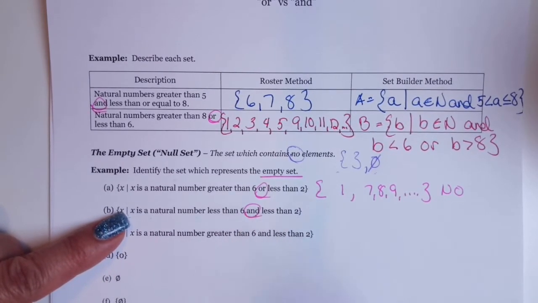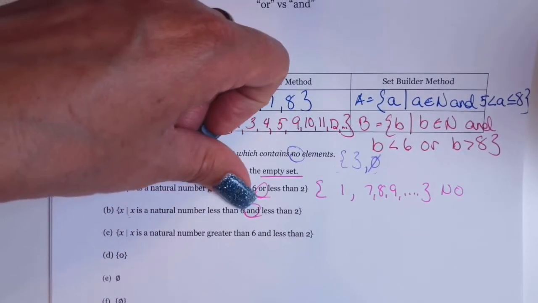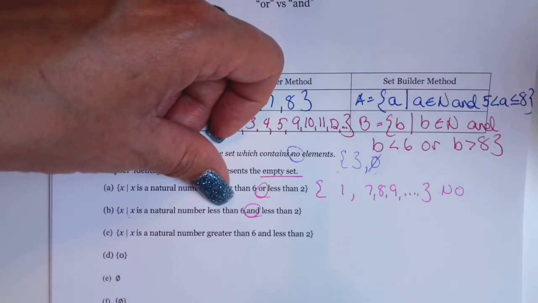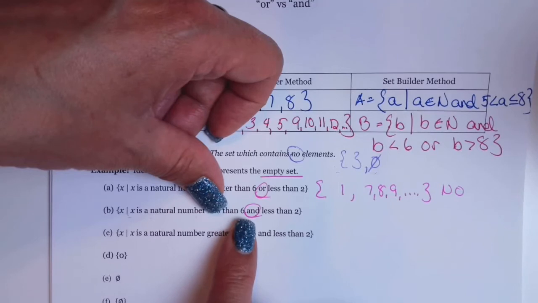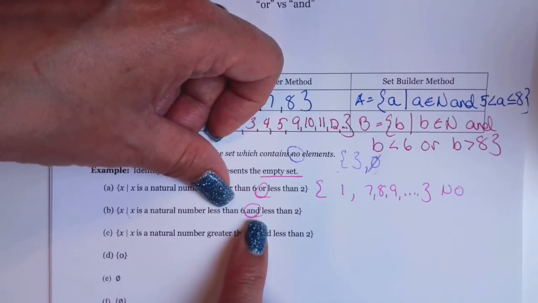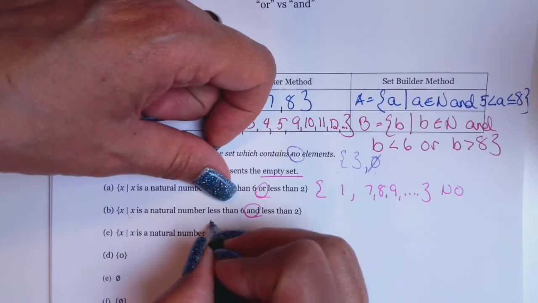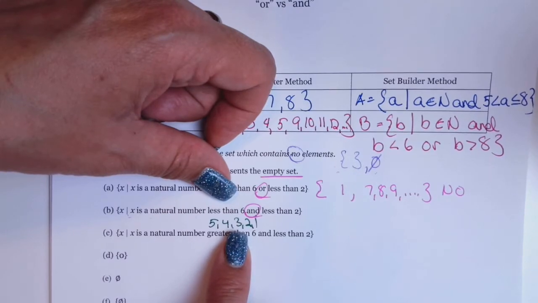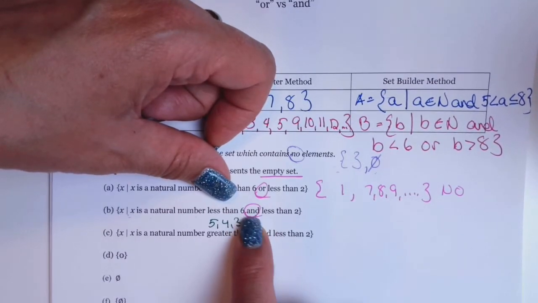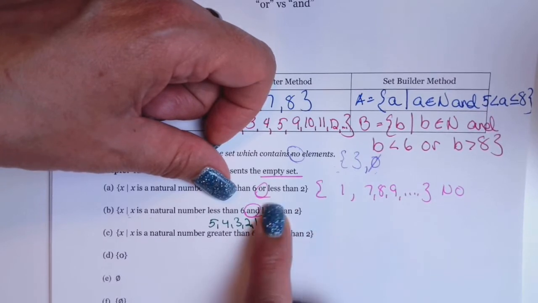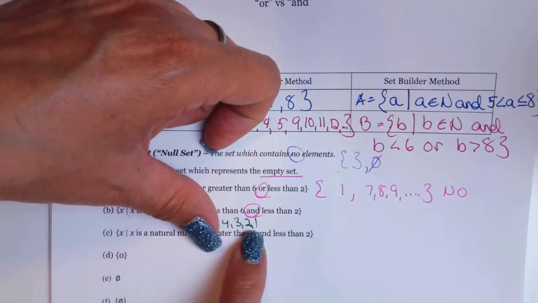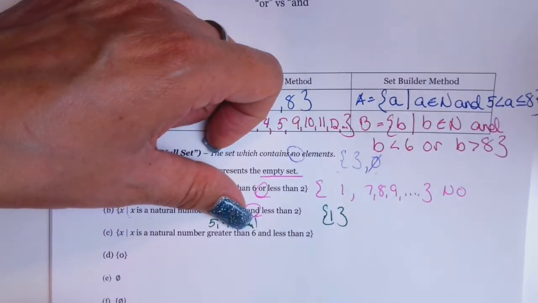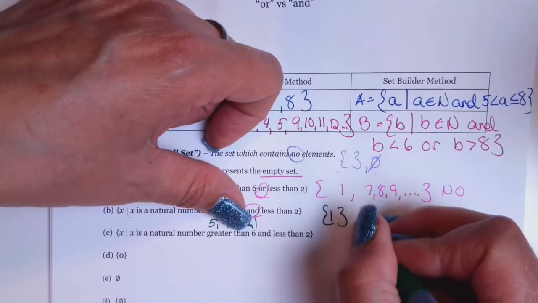The numbers 5, 4, 3, 2, and 1 are all less than 6. We could write them here, 5, 4, 3, 2, and 1. But we have an and, meaning it has to include less than 2. So the only number that is less than 2 is 1. So the element in here is 1. Well, we have a 1 in there, so this is not an empty set.